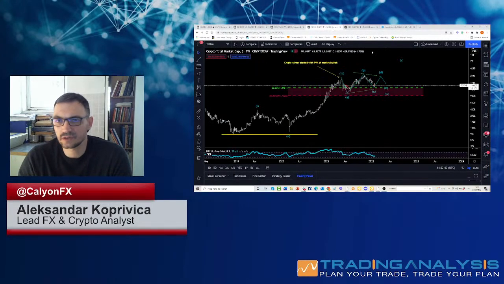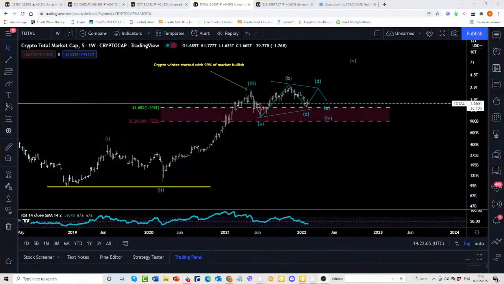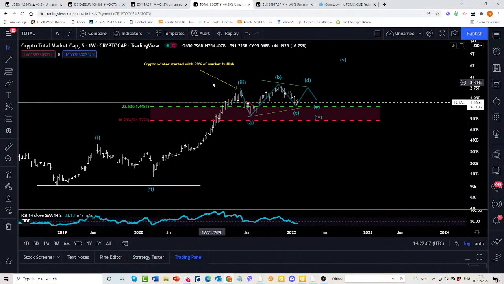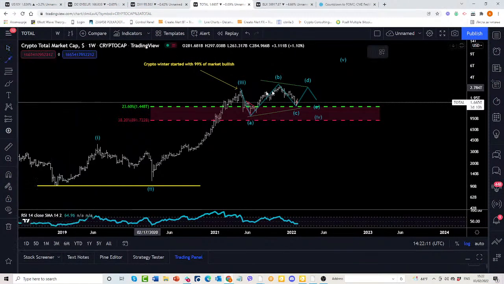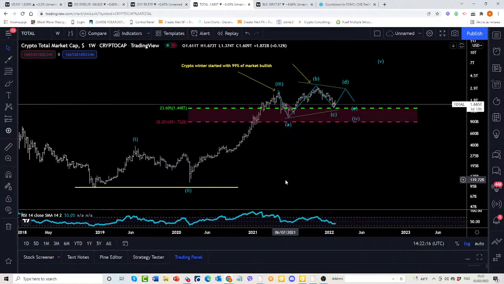Let's move to the total crypto market cap. As you know, we have been very vocal a couple of times that potentially we are going to see some highs in the total crypto market cap. We still count this as a wave 1 and 2, up in 3, 4, and 5. We still have a triangle here.